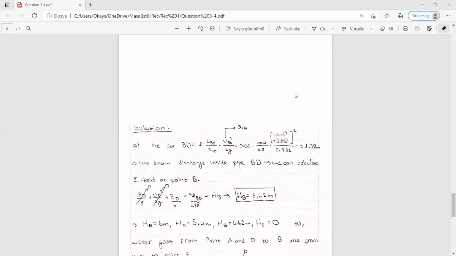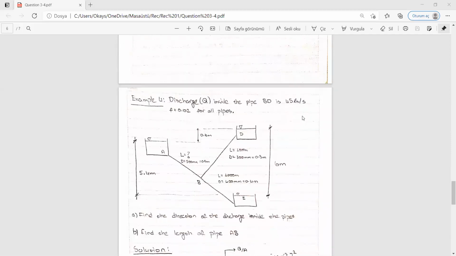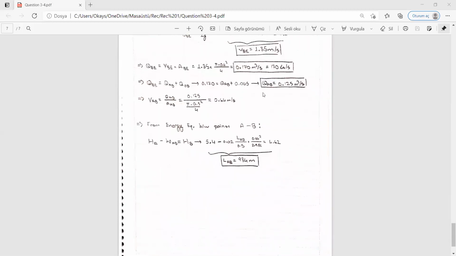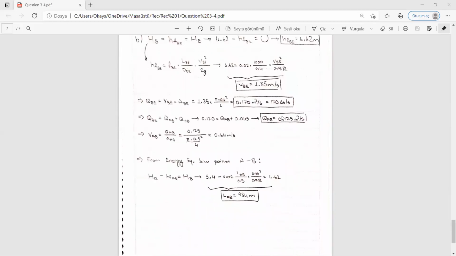And we found here is 0.170 meter cube per second, which means 170 liter per second. So when you subtract them, you can find the discharge in pipe AB. So you can find 125 liter per second, which means 0.125 meter cube per second.